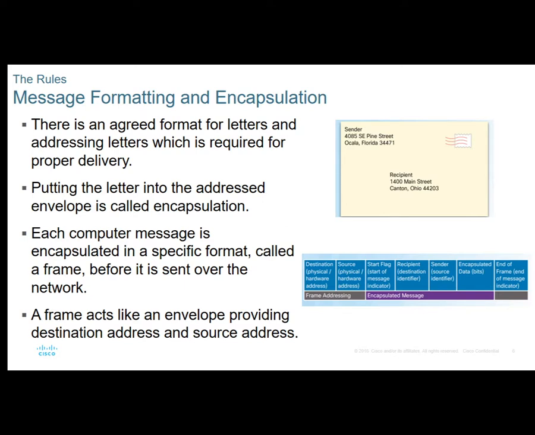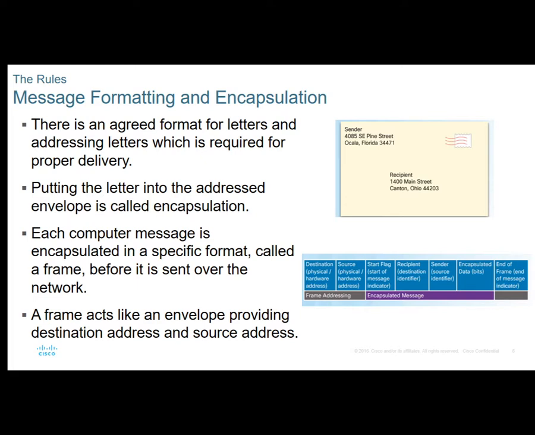So there's an agreed format for letters and addressing letters, which is required for proper delivery, right? We put the letter in the addressed envelope, and that's called encapsulation. We put it inside the envelope, right? And then each message on the computer is encapsulated in a specific format called a frame before it's sent over the network. A frame acts like an envelope, providing a destination, source, and address.